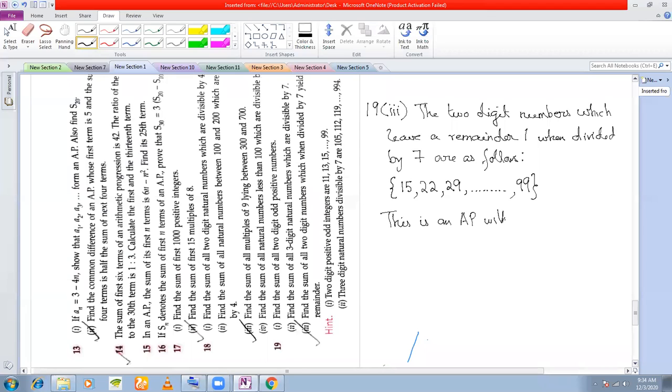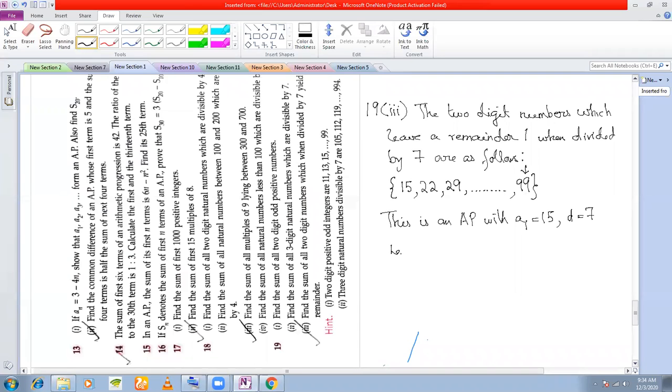With first term 15, common difference 7. But the problem is if I want to add up the terms of this AP, I don't know which number of term this is. I need to know how many terms I'm adding up.